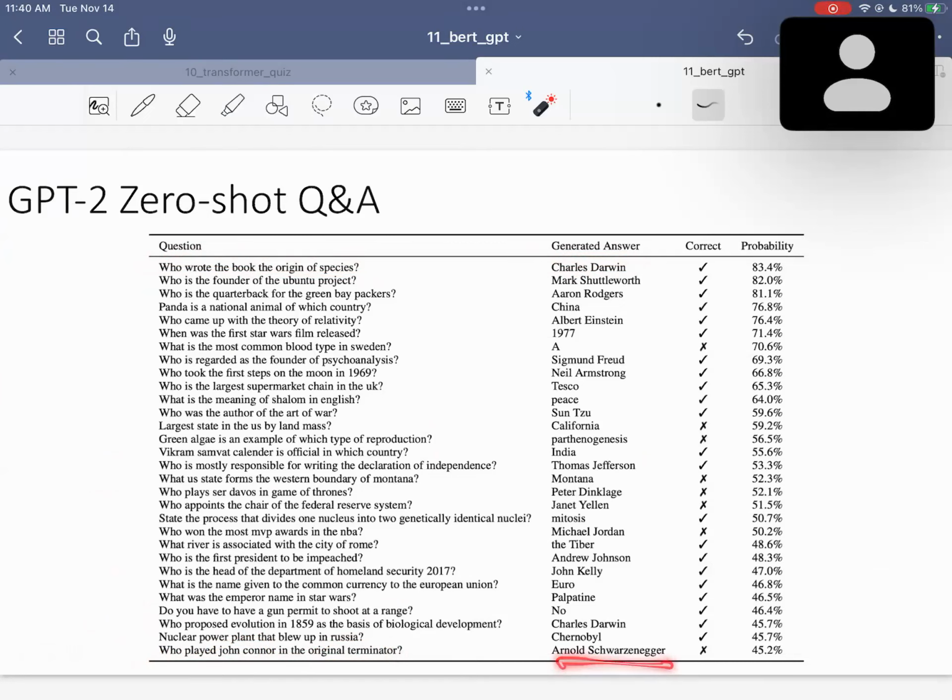It's definitely not Arnold Schwarzenegger, but still the model got confused and said Arnold Schwarzenegger, because if it's Terminator, it's gotta be Arnold Schwarzenegger. So it's not always right, but if you count the number of checks and X's, there are more checks than X's. So the zero-shot Q&A works to some extent.